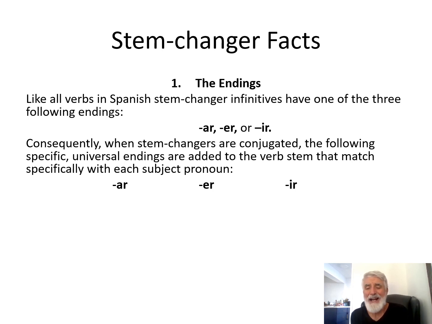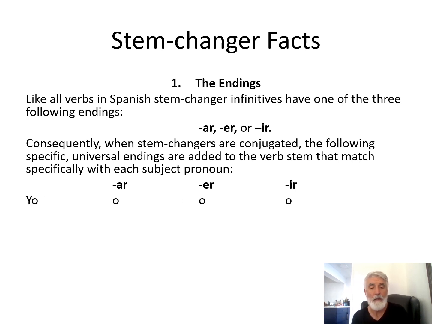So when we go to conjugate stem changing verbs, they're going to have the regular endings that we learned when we conjugated regular verbs. And this is good review. You should have already learned these. Let's take a look at the different verb endings and the subject pronouns.